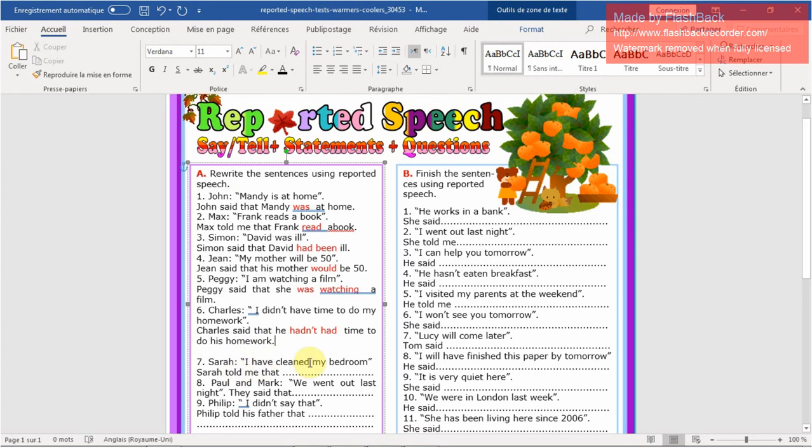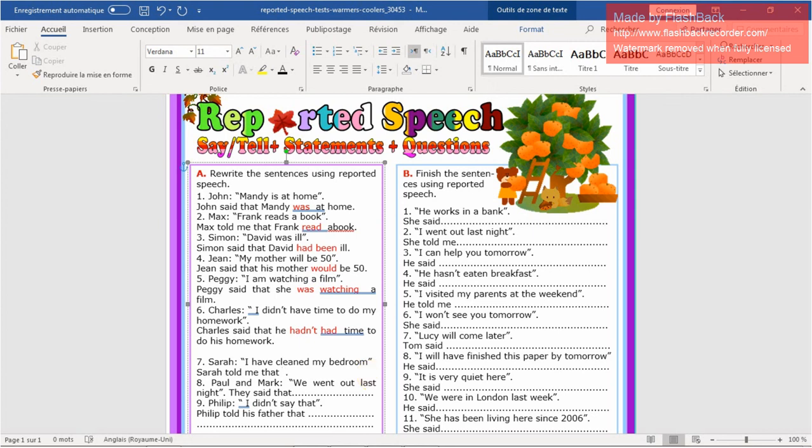I have cleaned my bedroom. So verb to clean in present perfect, and present perfect turns into past perfect, and the form of the past perfect is had plus the past participle, and here the past participle of the verb to clean is cleaned. This means we change nothing. So we just change the auxiliary to have from the present to the past.